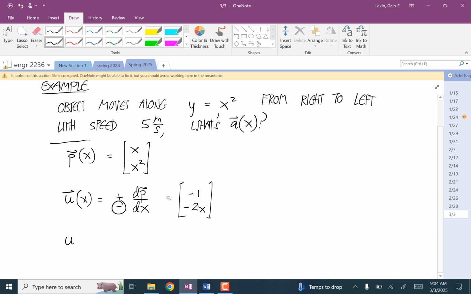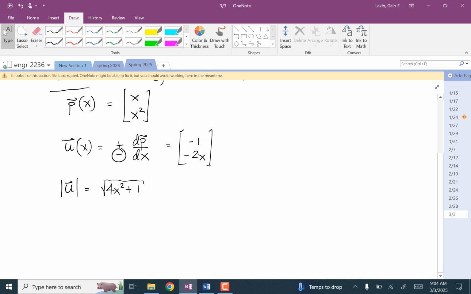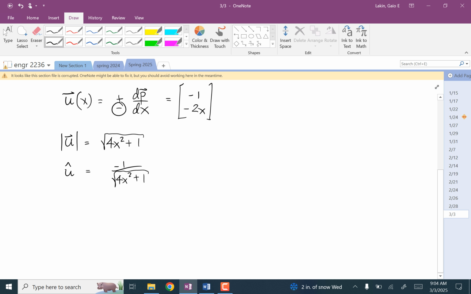And you do that by, this magnitude is equal to the square root of 4x squared plus 1. And so then the unit vector is negative 1 over square root of 4x squared plus 1, and then negative 2x over square root of 4x squared plus 1.